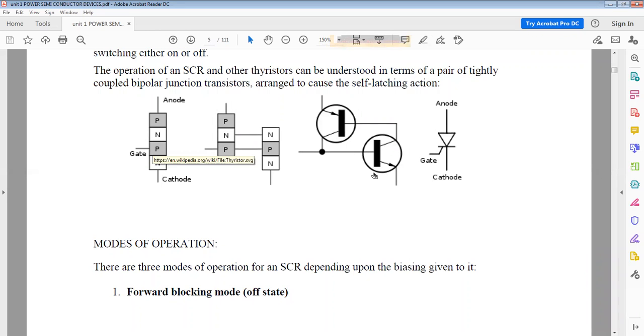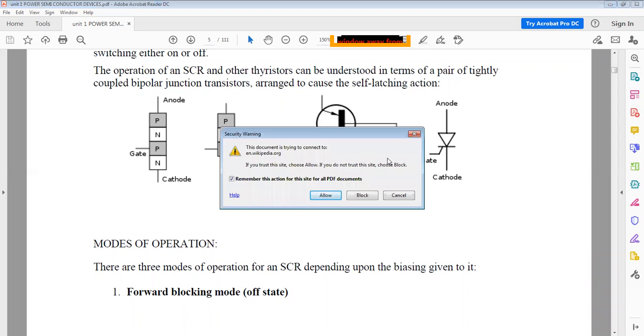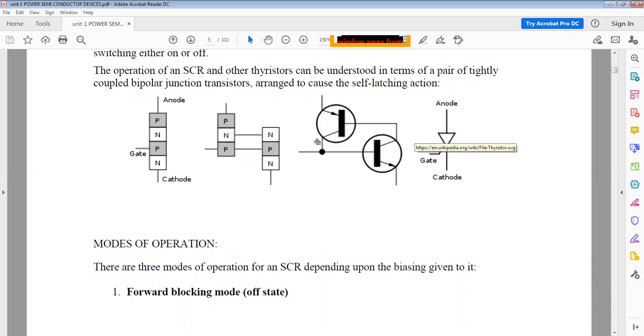This is the two transistor analogy of SCR. And another one is the PNPN structure, with 3 terminals and 3 junctions. How many junctions are there? The SCR has one PN junction, a second junction and a third junction. So 3 junctions are available for SCR.